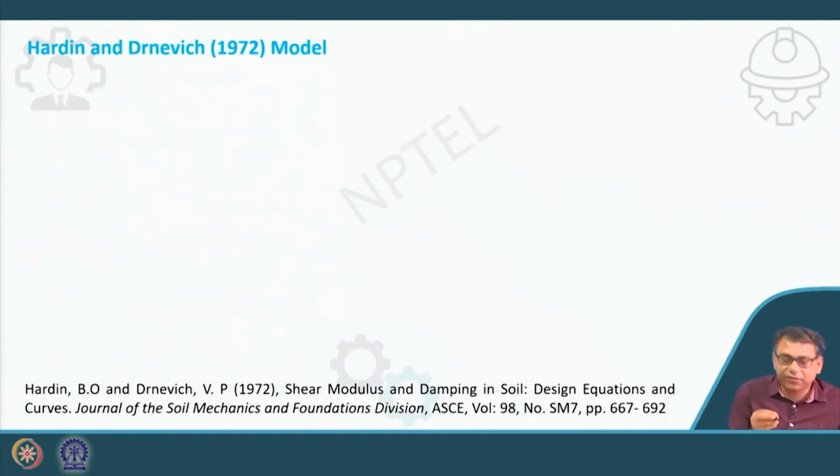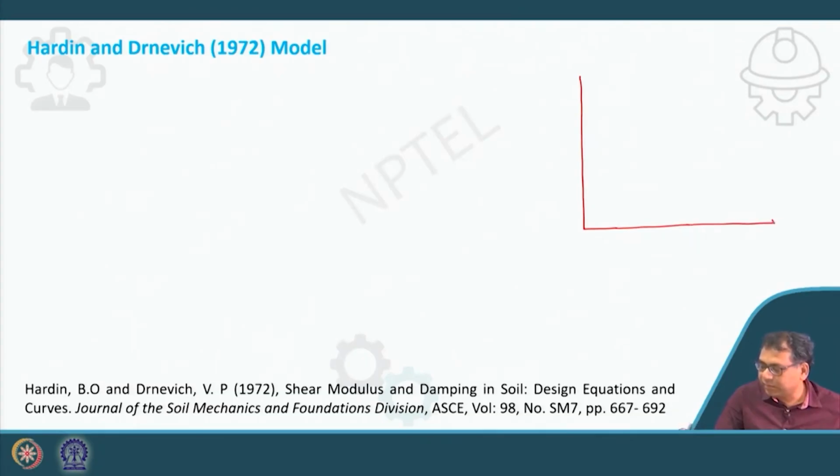So the first approach that I will discuss is also an equivalent linear approach, proposed by Hardin and Drnevich. Suppose this is your backbone curve. I am drawing only the half portion of the backbone curve.